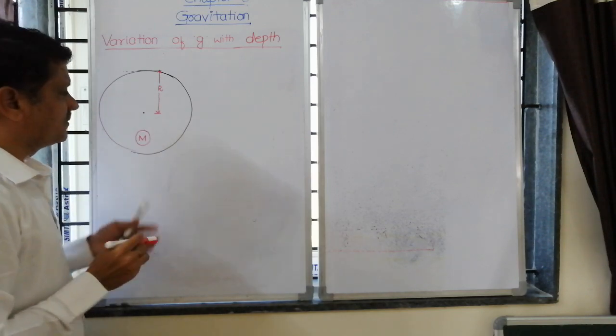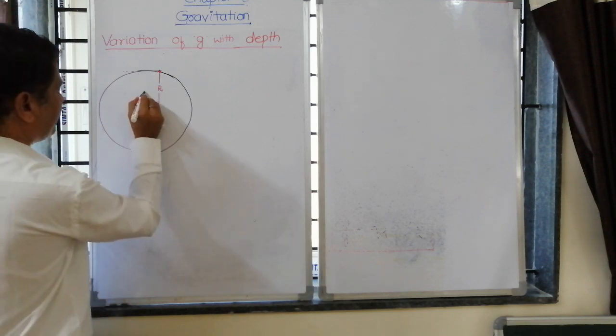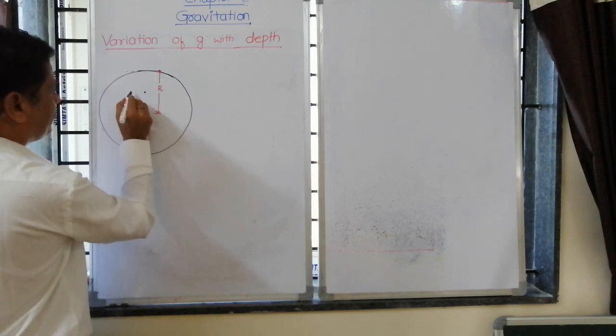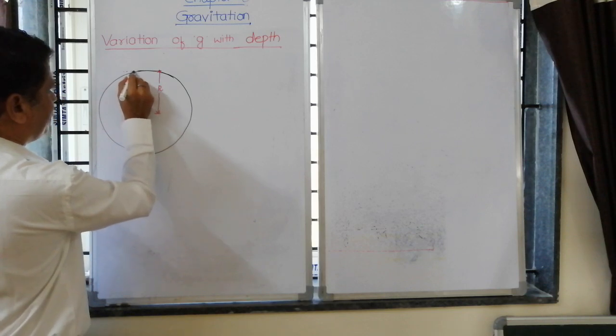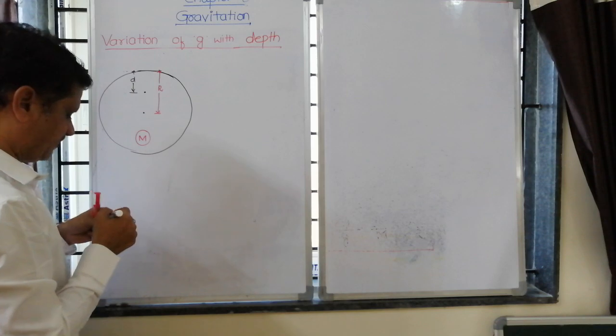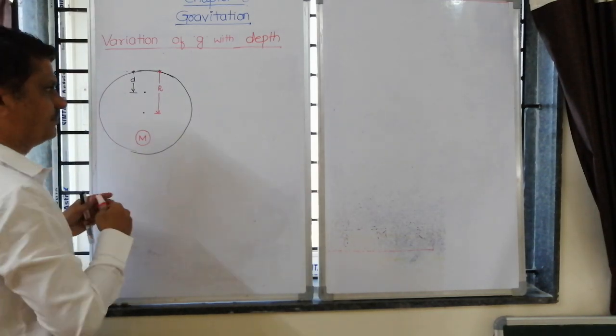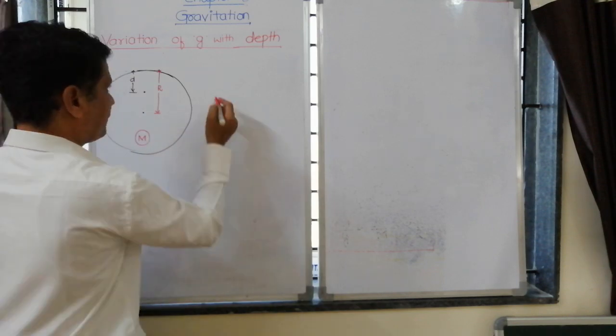Instead of planet I will use the word earth. Now today our aim is to measure the value of g at a depth d. So here also we assume the same: density remains the same.